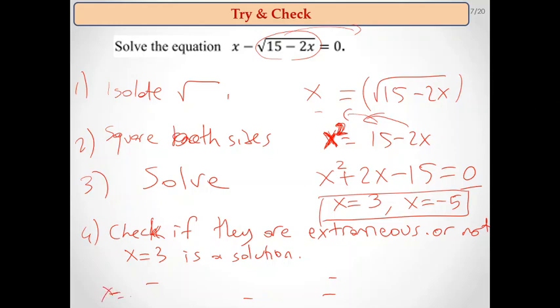So x equal to negative 5 is an extraneous solution. It means we don't take this. So we don't take it. And the solution set of this equation is just 3.